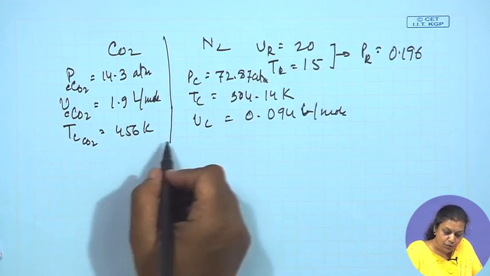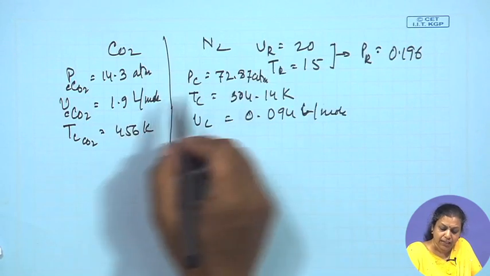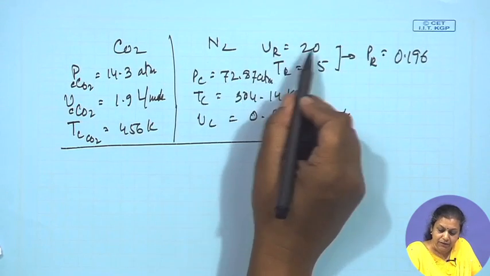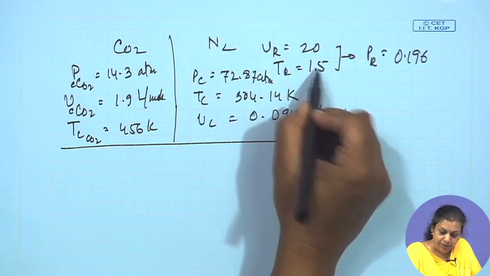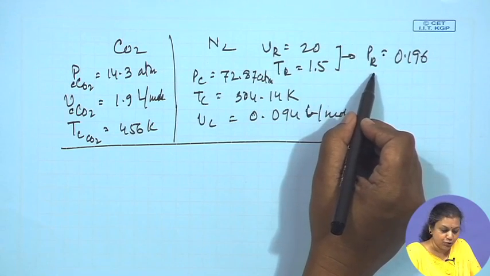So, therefore, we know that at say Vr equals 20 and Tr equals 1.5, they should have the same reduced pressure.